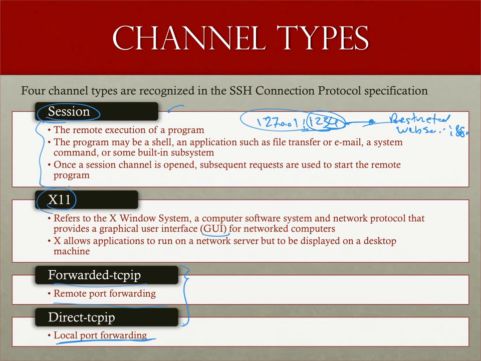So if the incoming traffic has a remote port of 1234, then at the end of the tunnel, change the remote IP address to this private IP address.